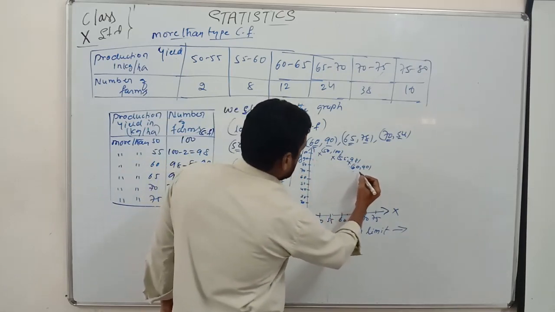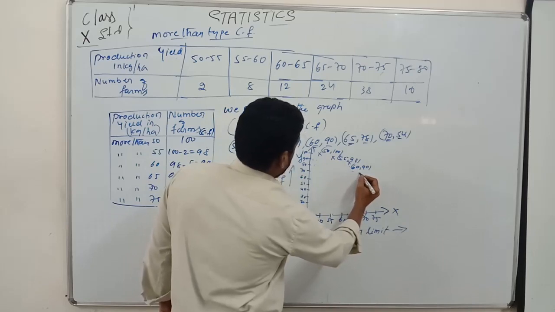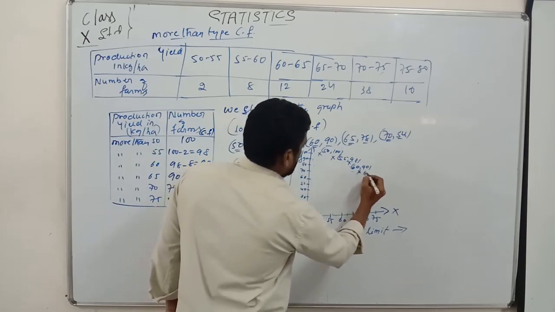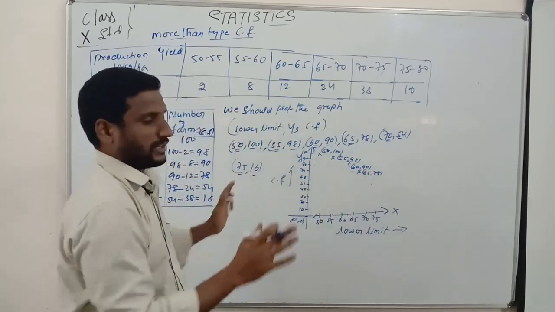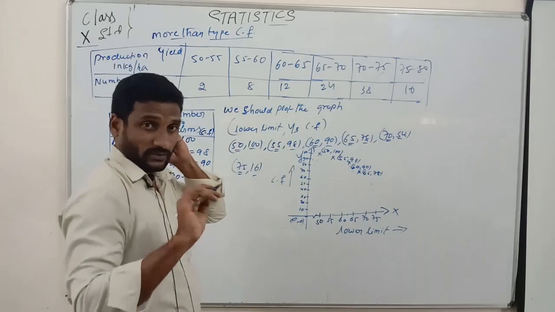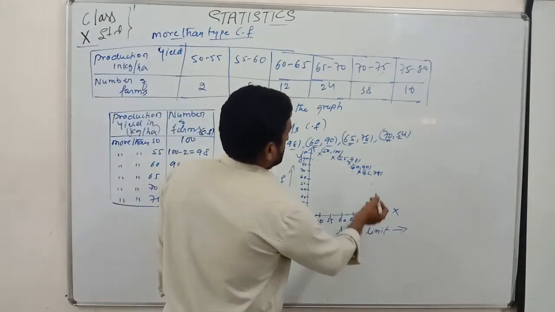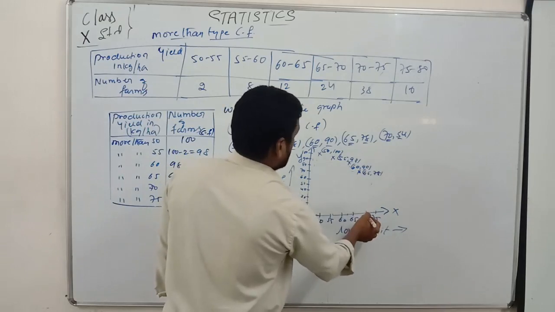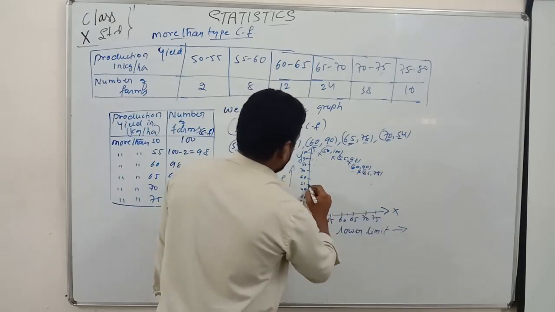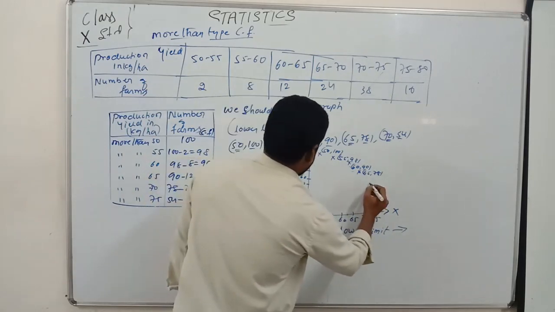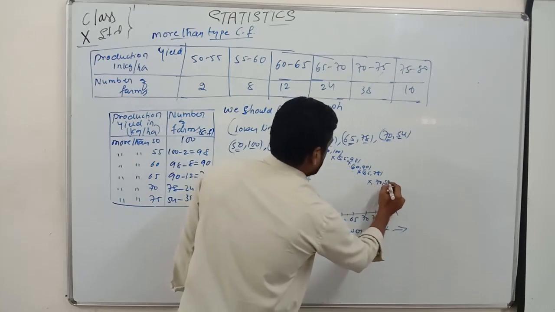So 65 at 78. A little variation will be there because this is a plain board; in your graph you will get the points clearly. Next, 70 at 54, which means 50 after 4 lines, approximately here.